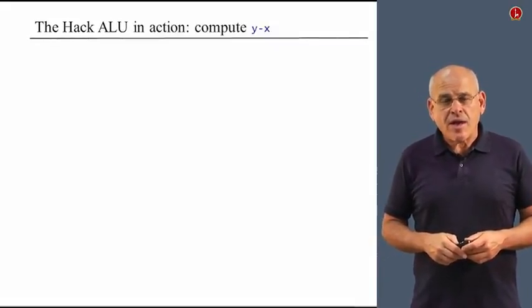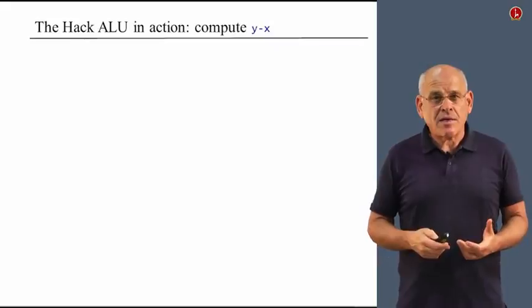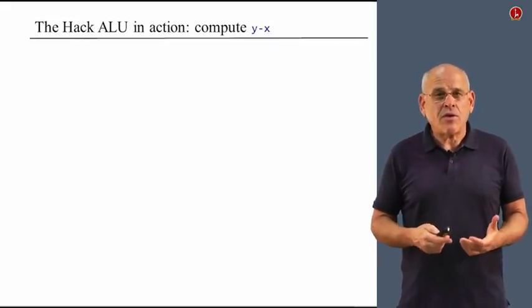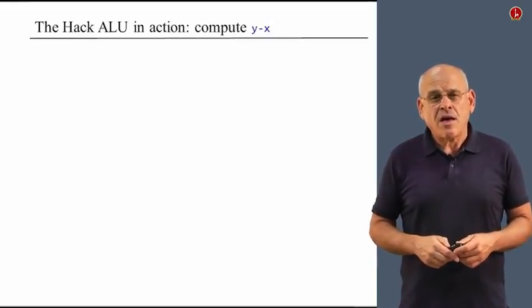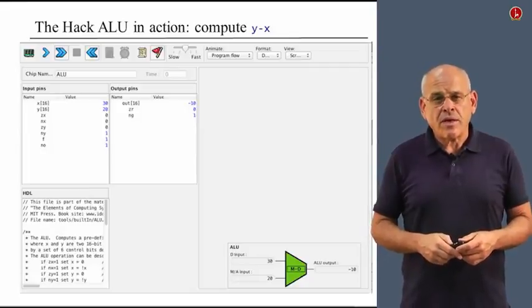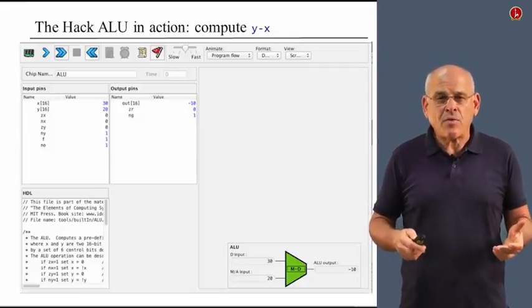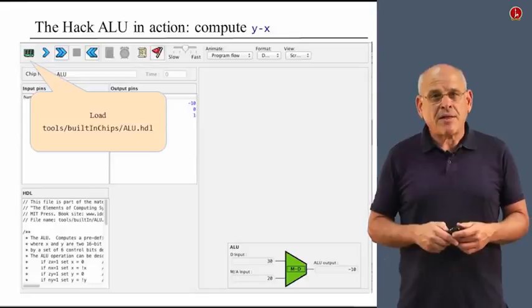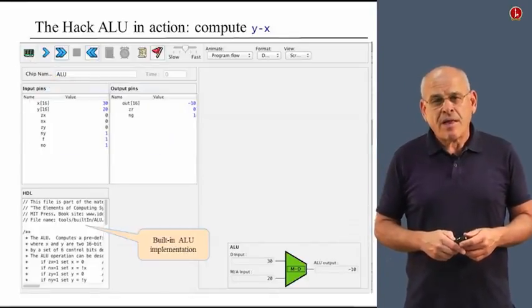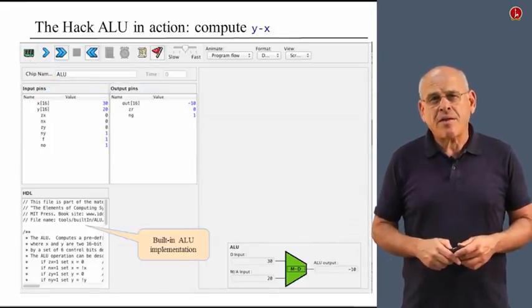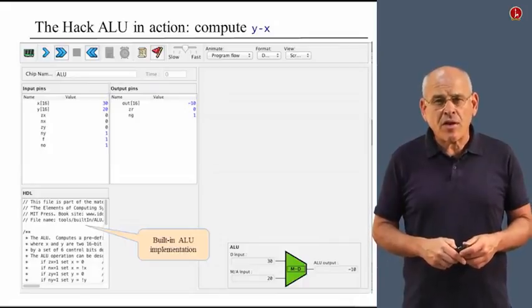So let me illustrate how the ALU works in action. In order to do it, I'm going to use our hardware simulator. We can fire up the simulator and load the built-in ALU chip, and as a result we'll get this chip into the HDL window.